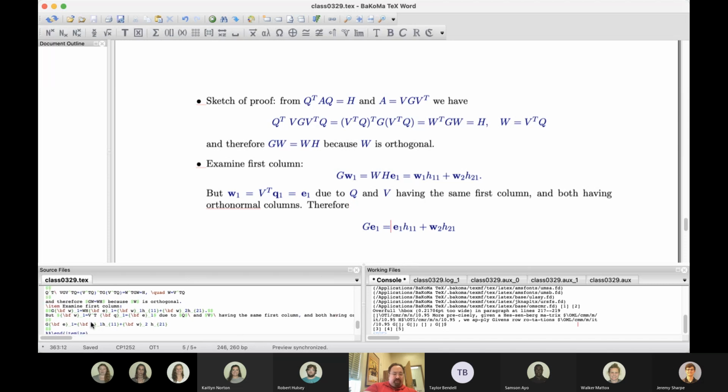So if I rearrange this, I'll move the first term to the other side. Now, if I look at this vector right here, only the first entry of this is non-zero. Only the first two entries of this are non-zero. Therefore, only the first two entries of W2 are non-zero.